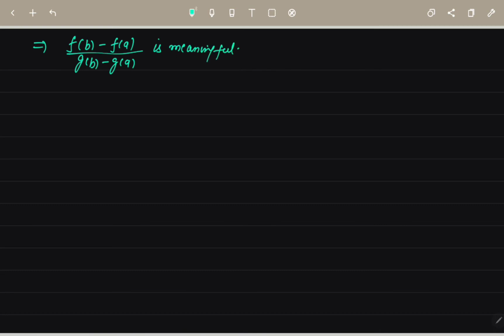Now I will proceed in the same manner as that of Lagrange's theorem. But here I will take two functions. Consider the function phi x, which is equal to f of x plus a into g of x.